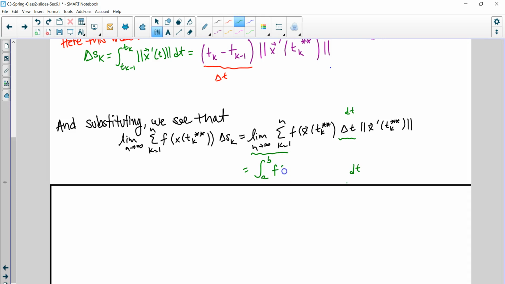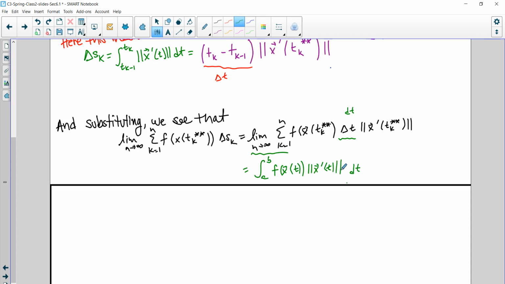So this is f of x of t, and then t star was just a particular point, but now I'm going over all points with the integral symbol, and then I need to multiply this by x prime of t, or the speed, if you will.